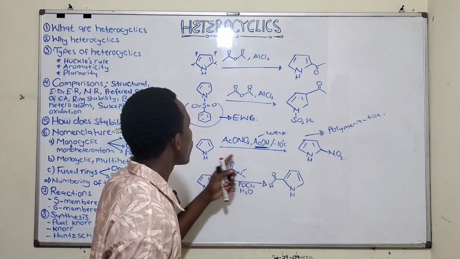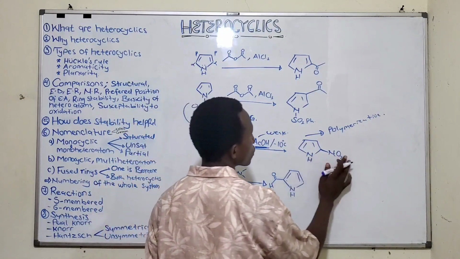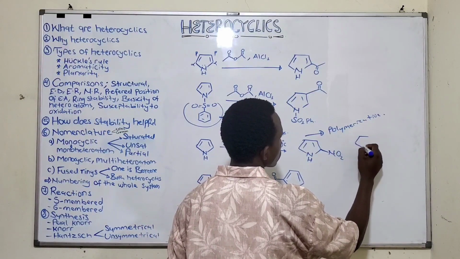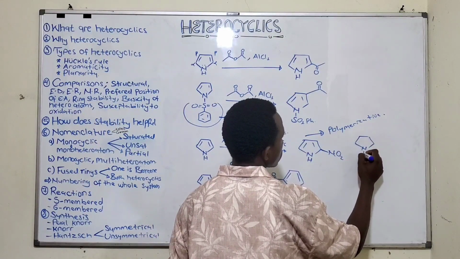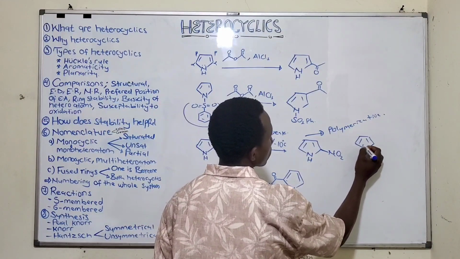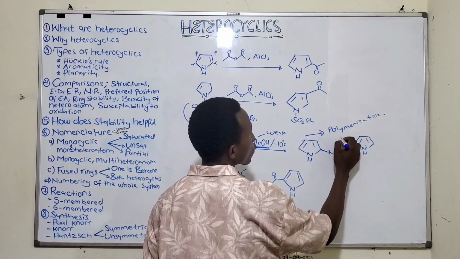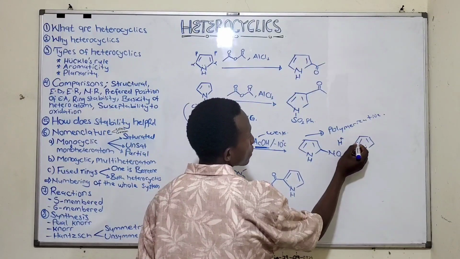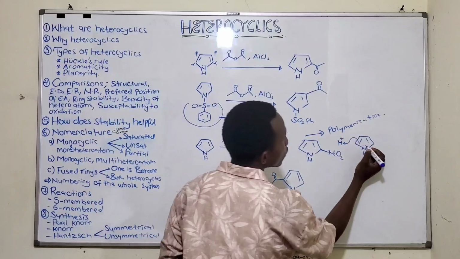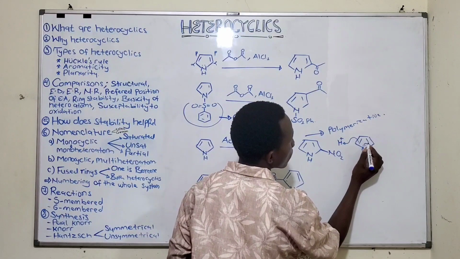For example, if you have a strong acid, this position 2 is very reactive. We shall form this structure. Remember, if you have a strong acid, this one will attack the hydrogen, and this nitrogen will try to stabilize.